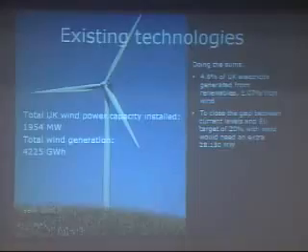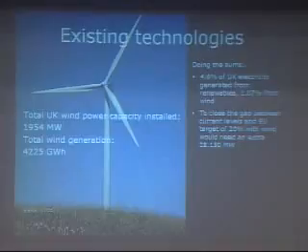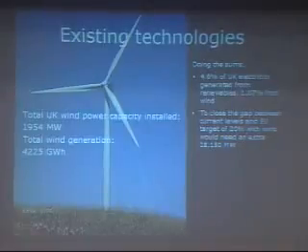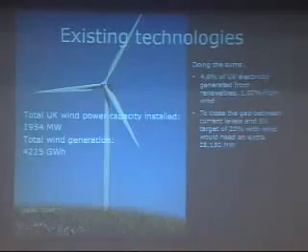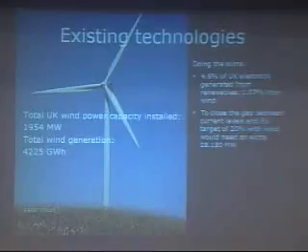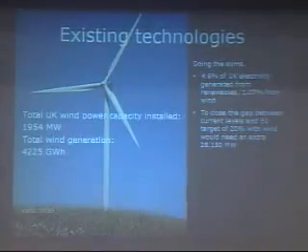We have an objective in Europe to ensure that 20% of all our energy comes from renewable sources by the year 2020. So if the UK were to say we'd like 20% of our energy to come from wind, we would need, on top of what we have now, another 28,000 megawatts of wind turbine capacity.